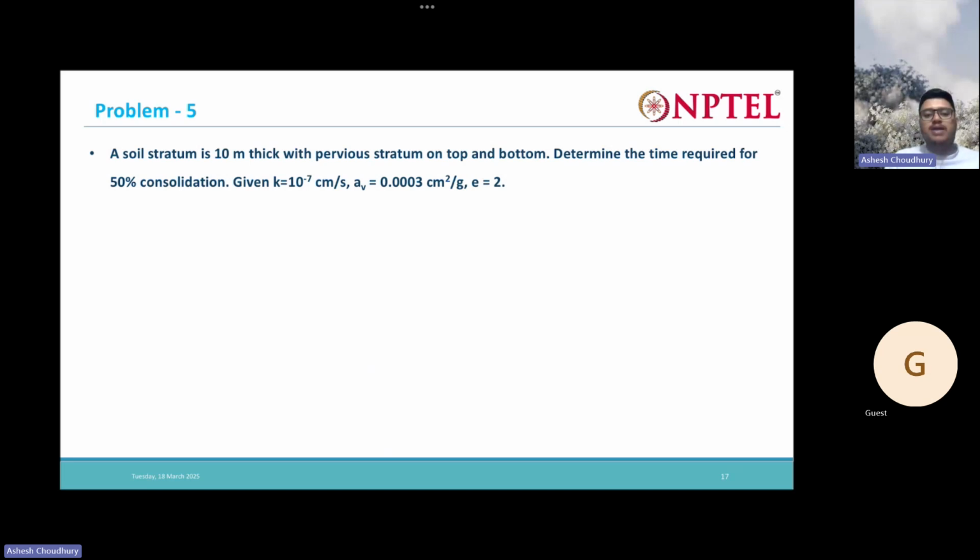So here what I have to do is, from the coefficient of permeability, find out the coefficient of consolidation CV with the help of AV and E. After that I can find out the time factor, and then from the time factor I can find out the time required. Okay, so let us solve this.